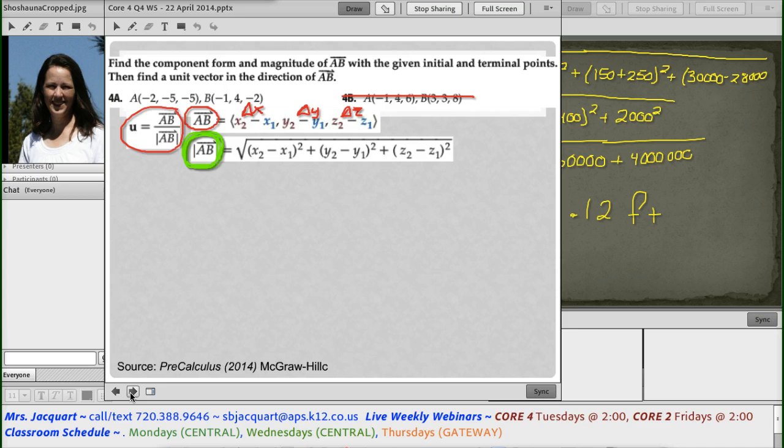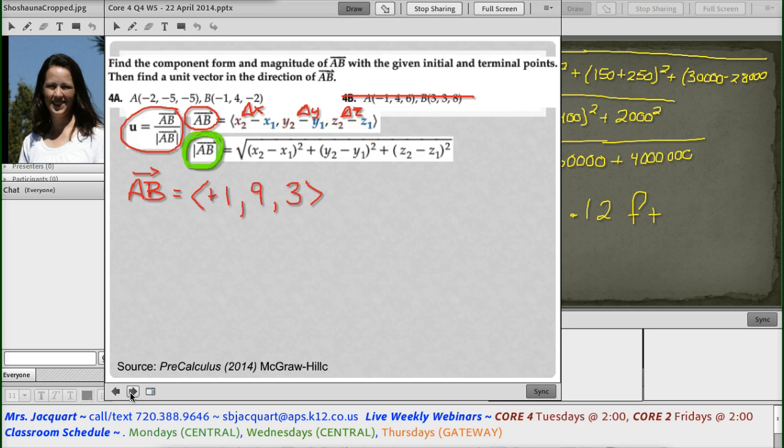So let's find AB first. B minus A is going to be positive 1, 4 minus a negative 5 is positive 9, and 2 minus a negative 5 is going to be 7.